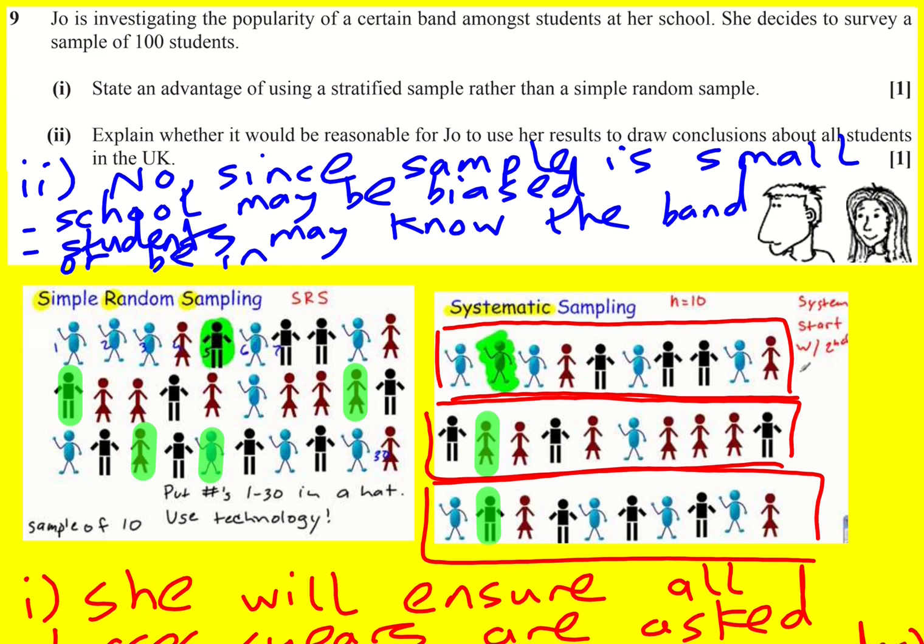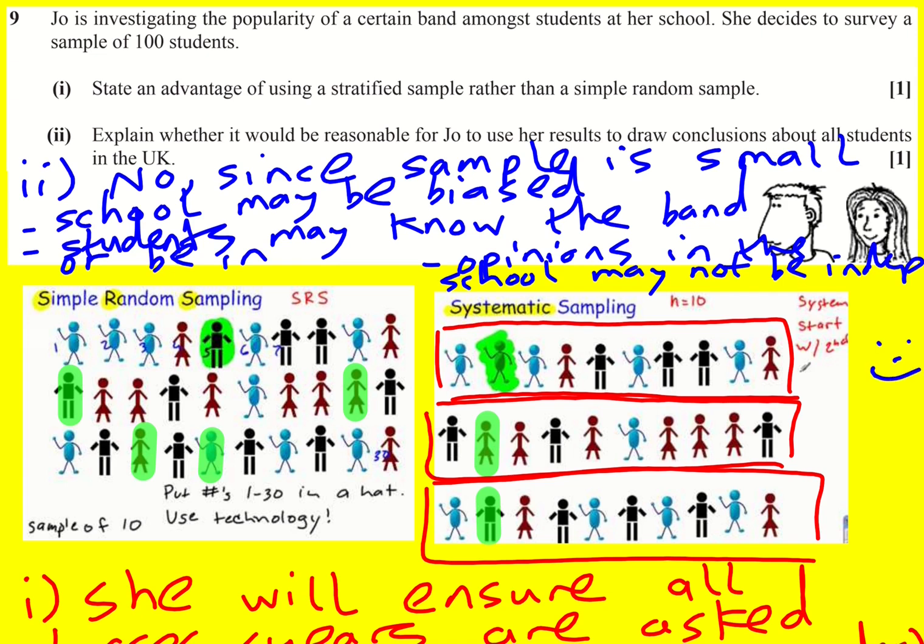And then, you don't have to write all of these down, but these are just possible reasons. So opinions in the school may not be independent. For example, if one of your friends likes a band, you might then think, oh, I should like the band as well, and so on. So just some possible answers to this question.